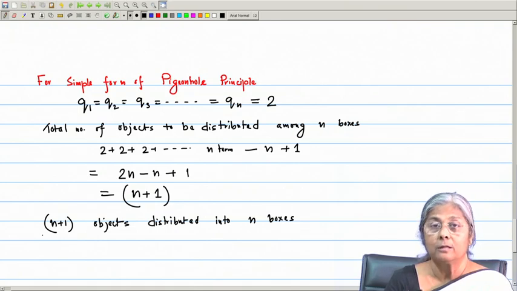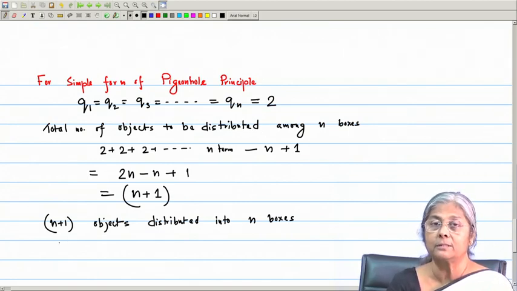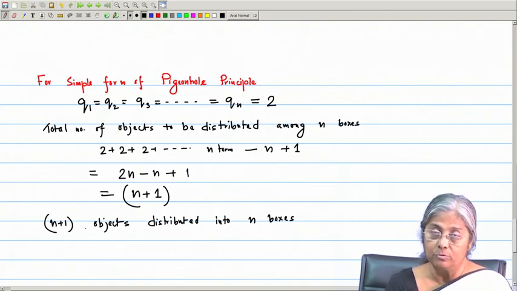Each one will get 2 or more than 2, that means at least 2, since my Q1, Q2 is 2. So, in the strong form it tells that Qi, here Qi is 2.